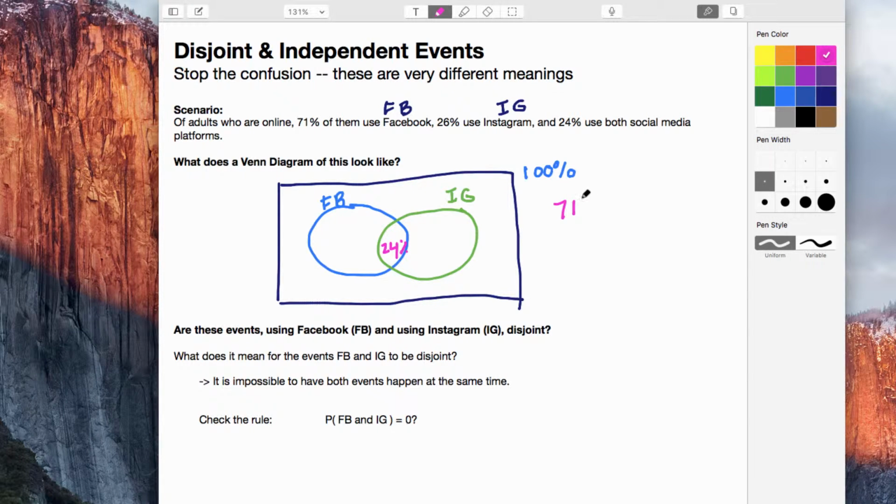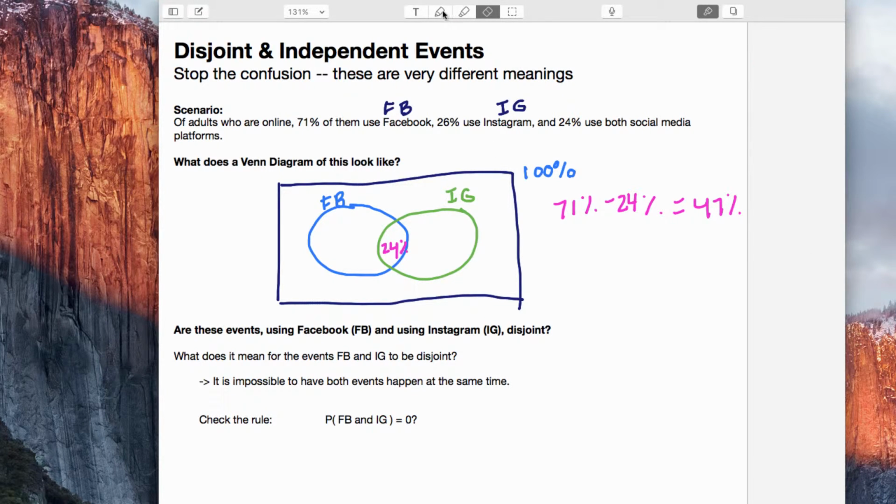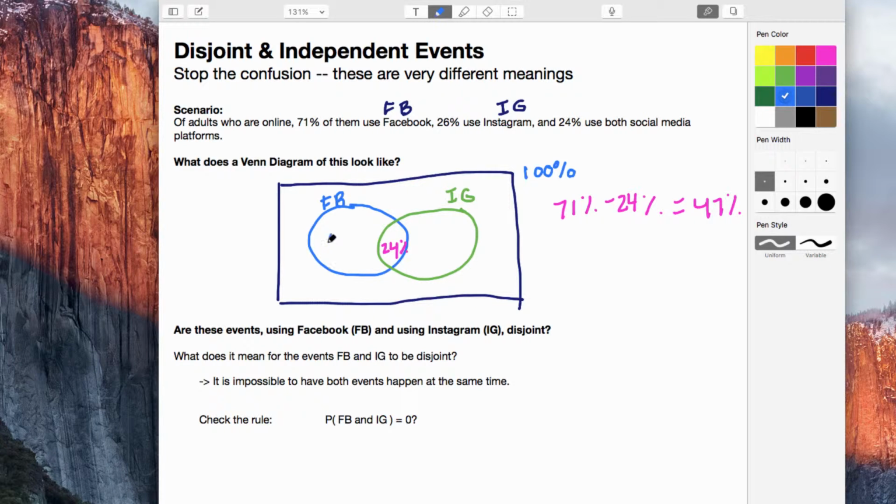Facebook users, 71% minus the 24% that also use Instagram. We have 71 minus 24. We get 47%. So the blue here is that 47%.